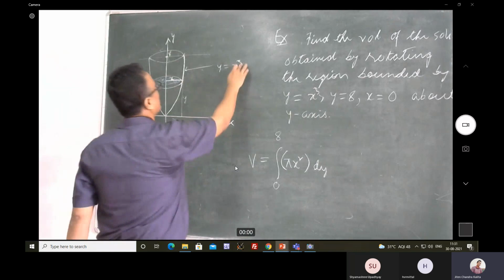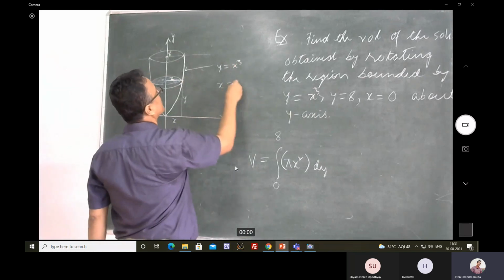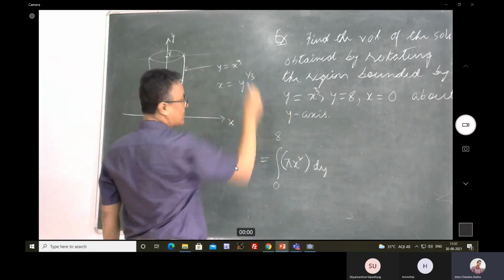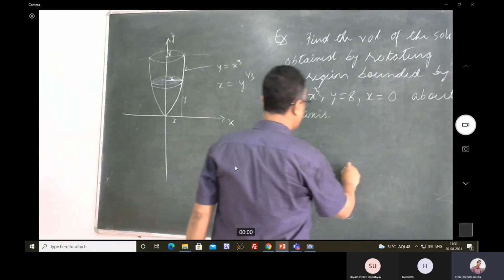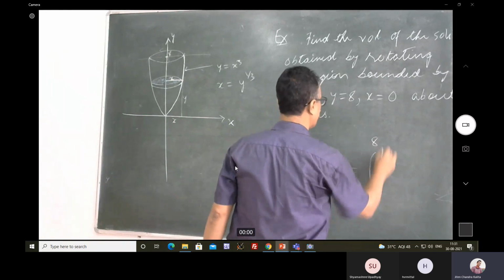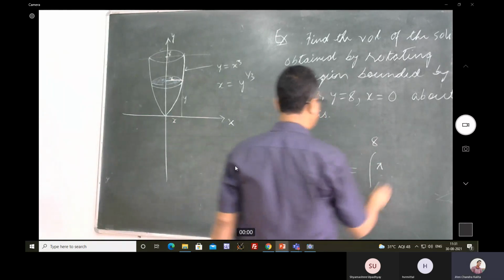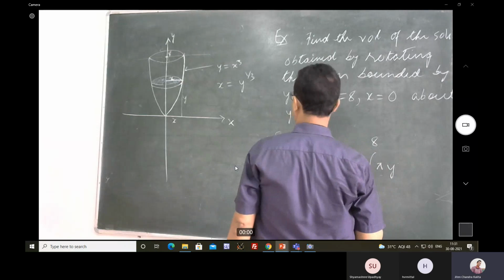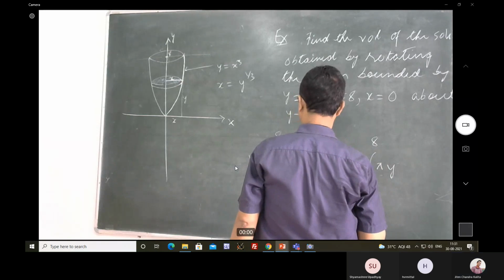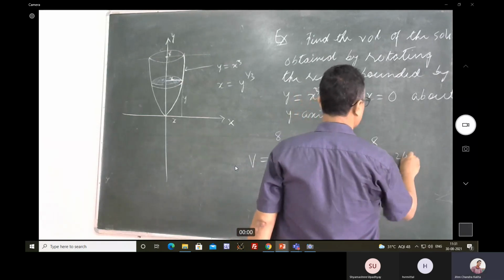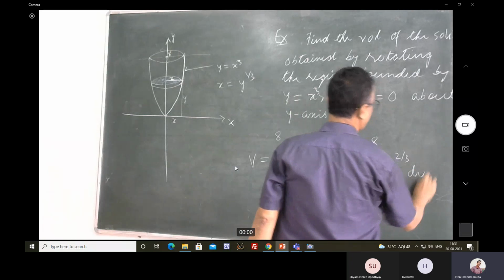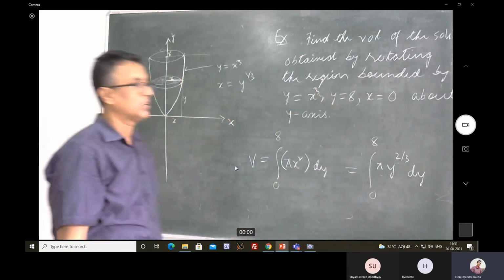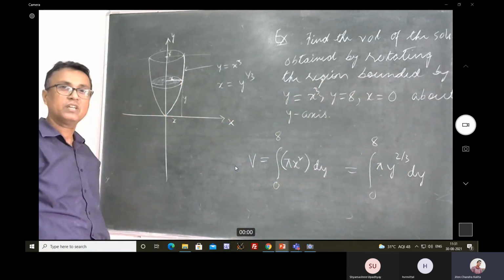Fine. And from here x equals y to the power 1 by 3. So eventually this is going to be the integral from 0 to 8 of pi y to the power 2 by 3 dy. So you simply integrate it, whatever you get is the answer. Is it okay?